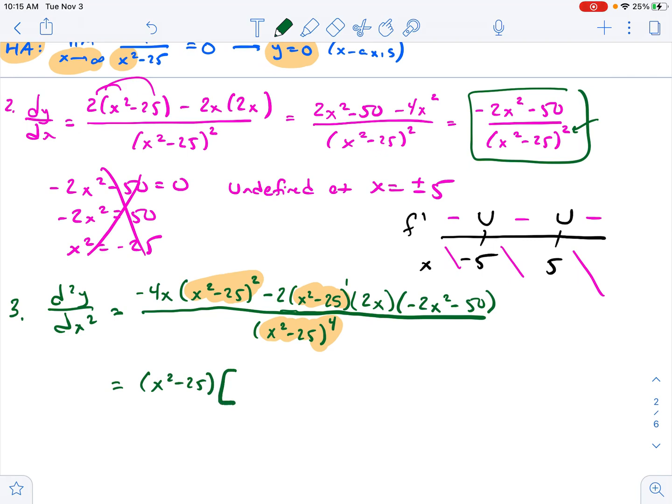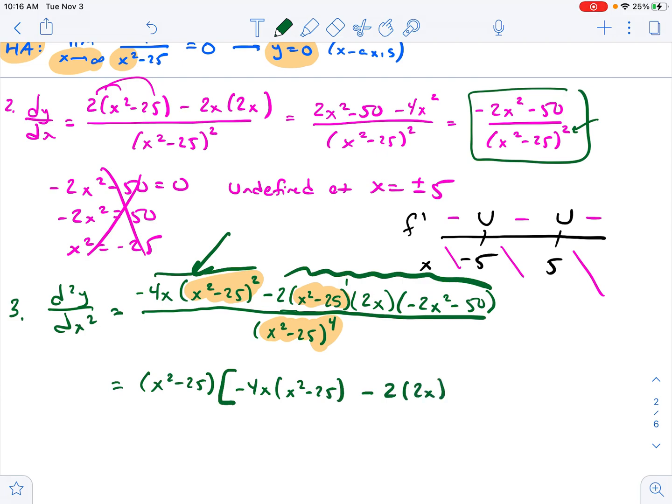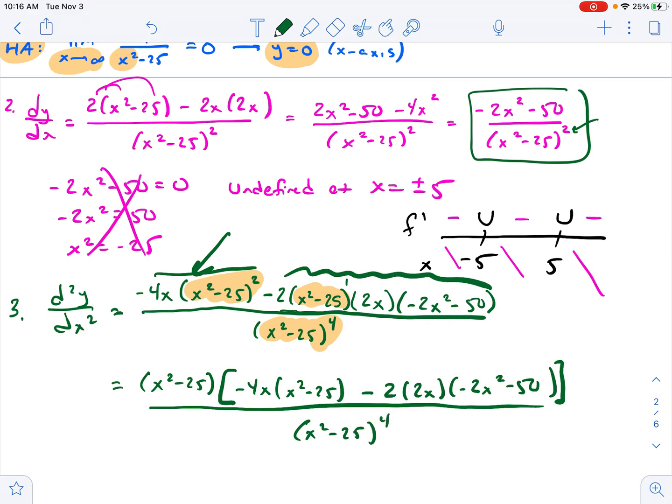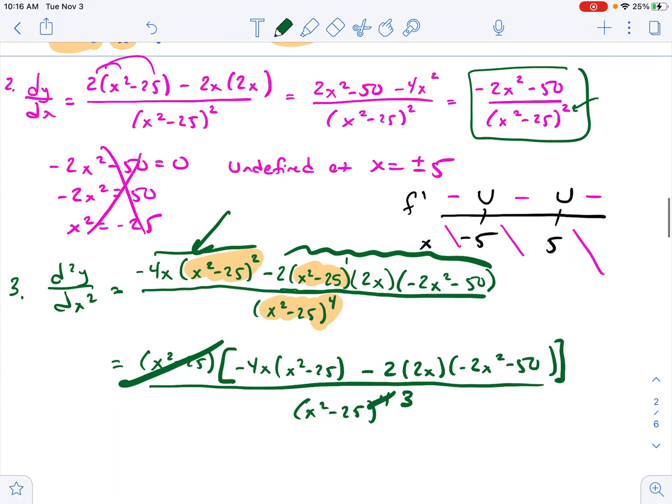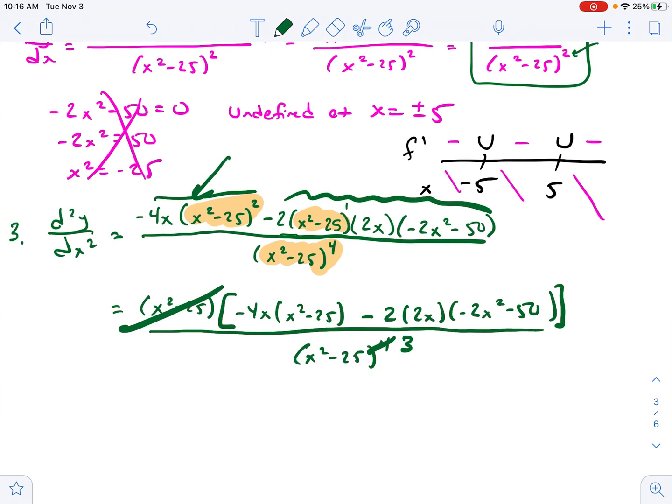If I factor out the x squared minus 25, well, from this term, I'm going to be left with -4x times another x squared minus 25. And from this big term, I'm going to be left with the -2, the 2x, and the -2x squared minus 50. All over our denominator to the 4th. But now I can cancel that with 1 power of those in the denominator. Okay, so this thing is able to be simplified.